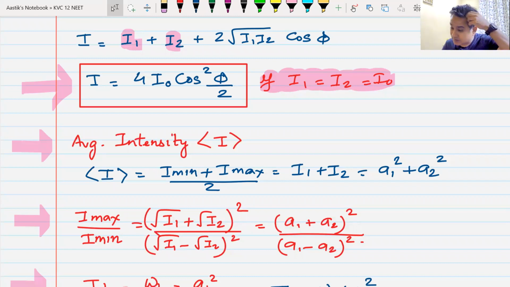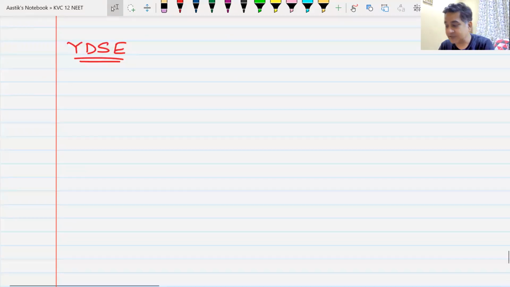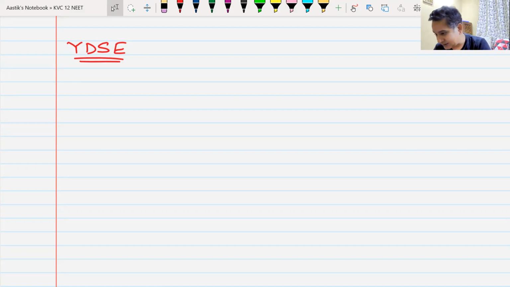The first and the only one thing is YDSE, Young's double slit experiment. That takes us to this part of this chapter.